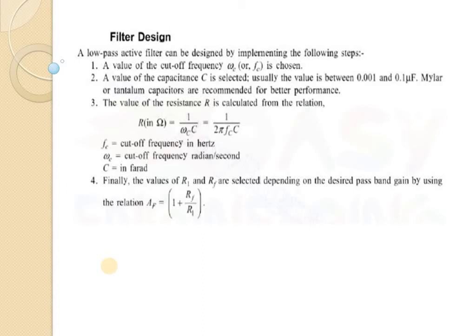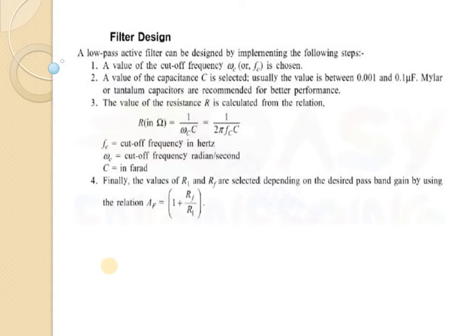Finally, the values of R1 and Rf are selected depending on the desired passband gain by using the relation AF equals 1 plus Rf by R1. So these 4 steps are generally taken for designing a filter. That means some specification is given and we have to design the filter.